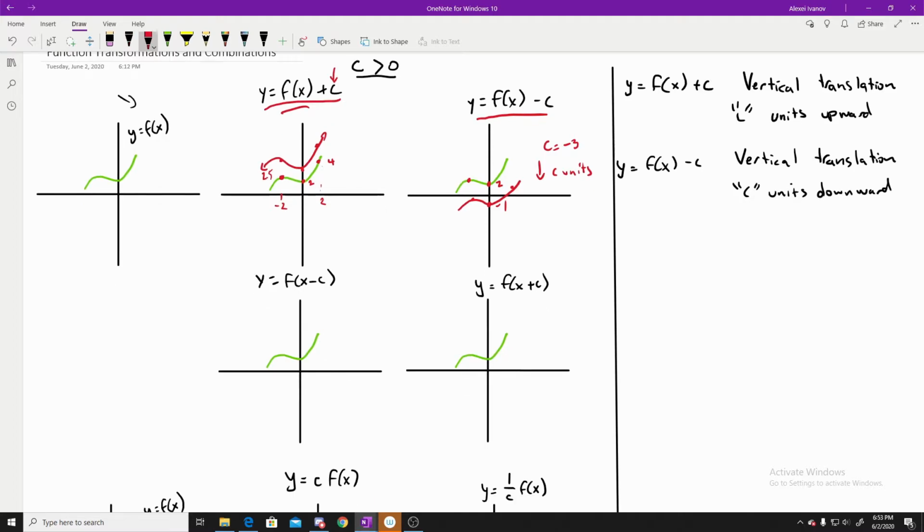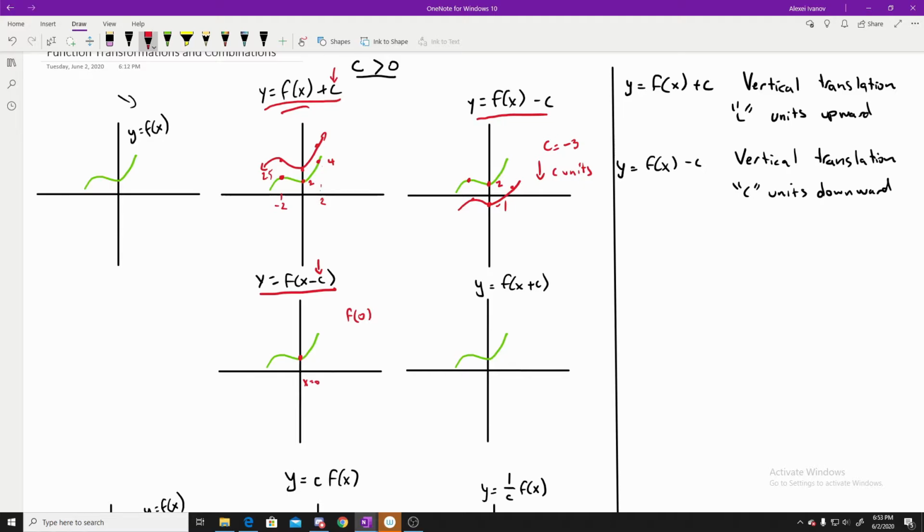Now let's take a look at this function, y equals f of x minus c, with c inside the parentheses. What we can see immediately is that c is now within these parentheses, and c is getting taken away directly from the value of x. To see how this affects the function, let's look at this point right here, where x equals 0. Initially, at x equals 0, we have f of 0.